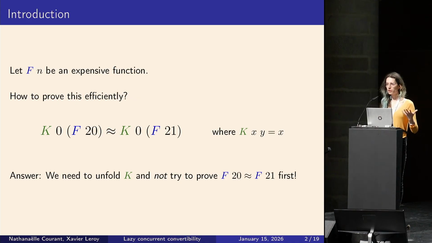So consider for now the K combinator, which returns its first argument, and suppose that we have on one side K of 0 and f of 20, on the other side K of 0 and f of 21. If we try to prove the convertibility of the arguments first, we will perform a very expensive computation, whereas if we unfold K first and compare both sides, we can prove convertibility very efficiently.